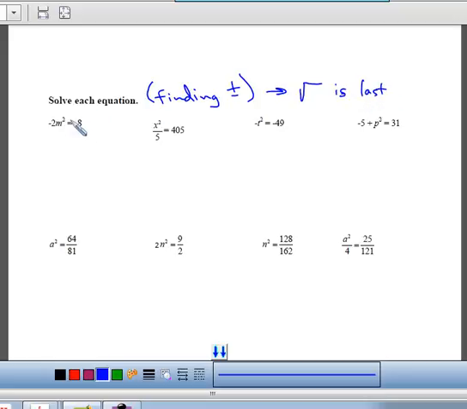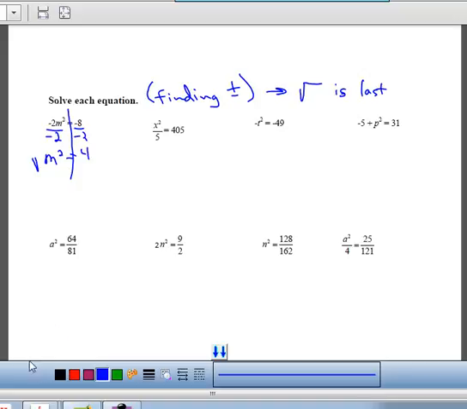Alright, so first thing I'm going to do here is I've got negative 2m squared equals negative 8. I'm going to divide both sides by negative 2. So m squared equals, so negative 8 divided by negative 2 is 4. Now to find m, I've got to undo this squared. Remember, the inverse of squaring something is the square root.